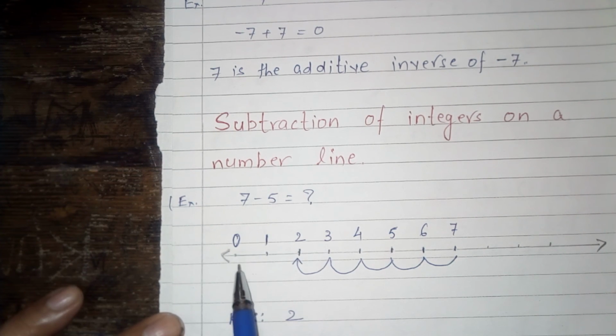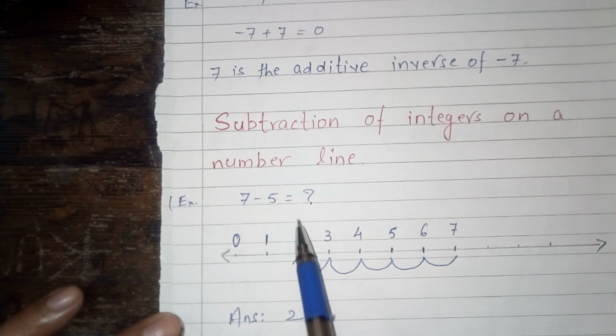First we make a number line. In these two digits, which is the biggest? 7. 7 is a positive integer, so 7 will be on the right side of 0. As you are looking, it is 0, 1, 2, 3, 4, 5, 6, 7.